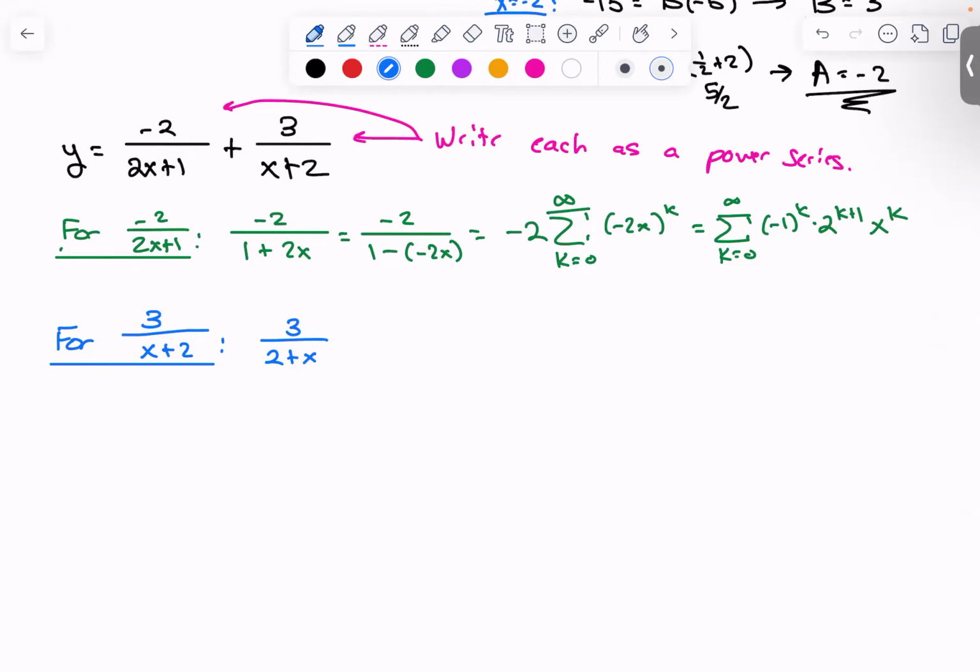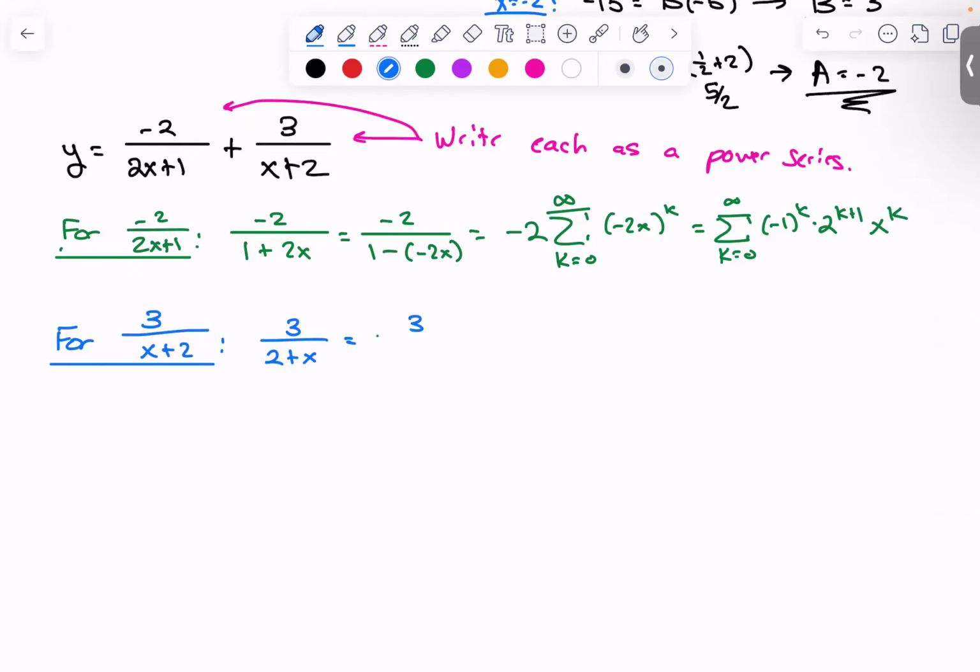So what should I do? How do I get into the proper format? Factor out a 2. That's right.